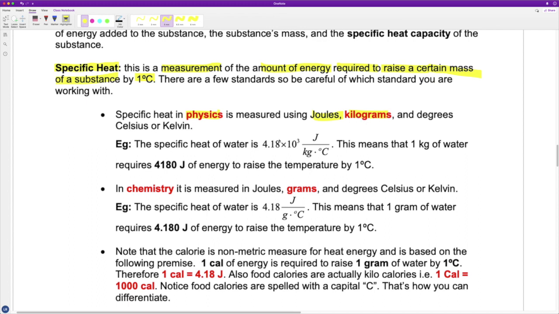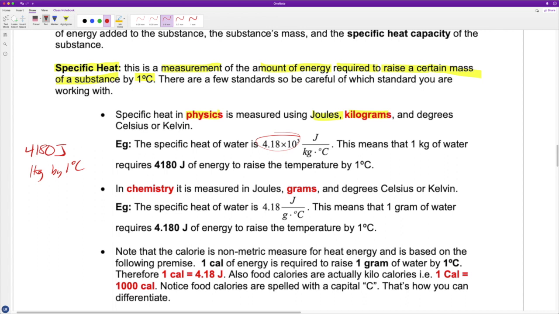So for example, let's talk about water, because that's a very common substance, and it's one of the more important ones here. Water has a specific heat of 4.18 times 10 to the 3 joules per kilogram degrees Celsius. What does that mean? It means water requires approximately 4,180 joules of energy to increase 1 kilogram of water by 1 degree Celsius.